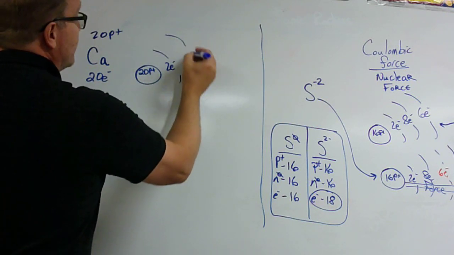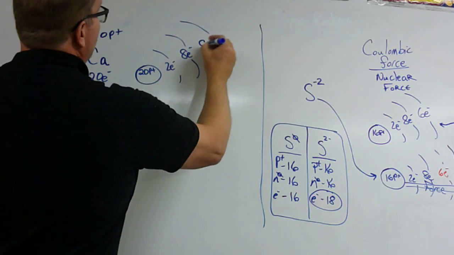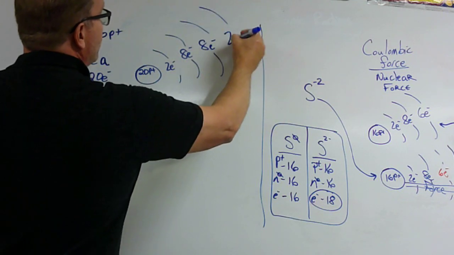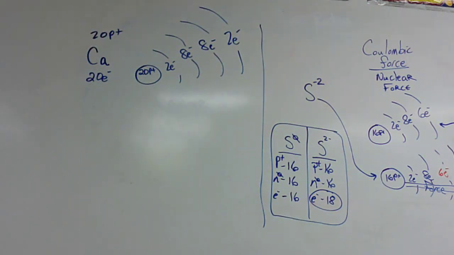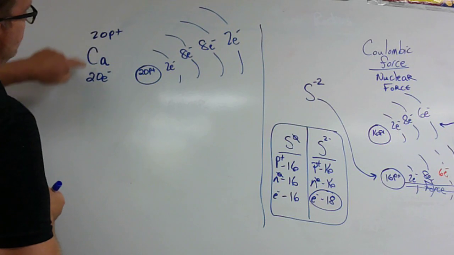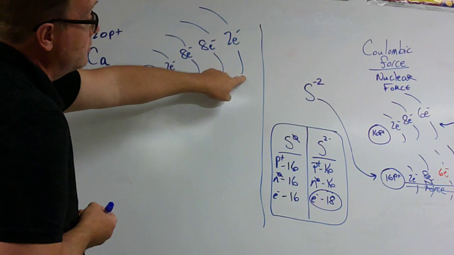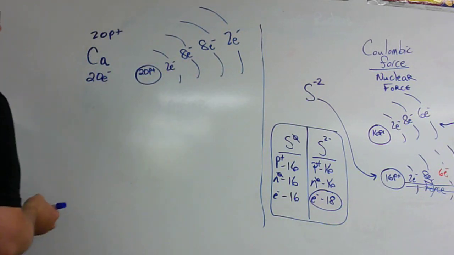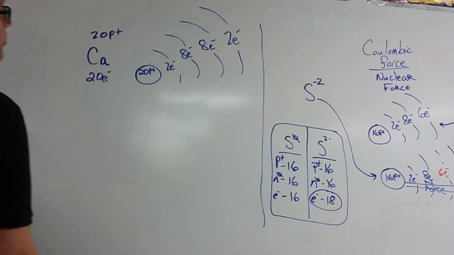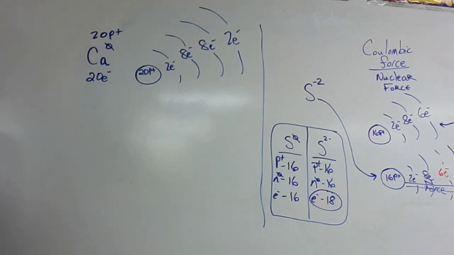So I got 2 electrons, 8 electrons, and we'll do the normal one, 8 electrons here and 2 electrons here. Usually it just goes 8, 8, 8 because, again, higher energy levels. Okay, so we want to get to this from this. We're going to lose 2 electrons because that's what positives do. Well, if I lose 2 electrons, what's going to happen? Well, this is my neutral charged calcium.